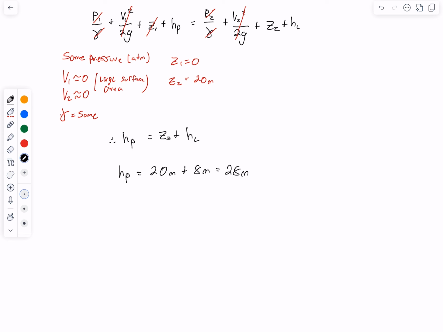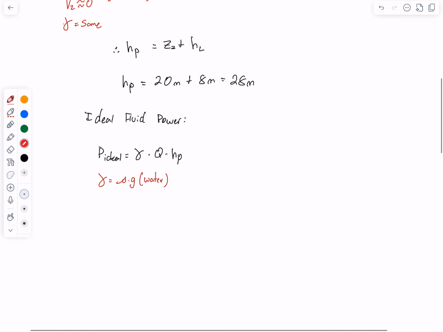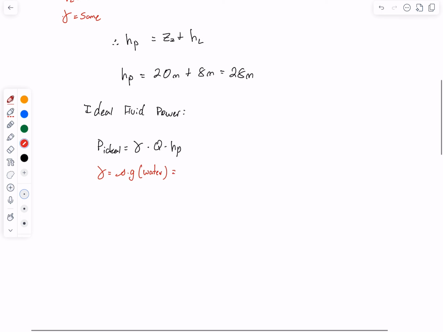We're next going to be looking at the ideal fluid power. P ideal is going to be equal to rho times Q times HP, which is the head of our pump. And rho here is going to be the density times gravity of the water, which is the specific weight.